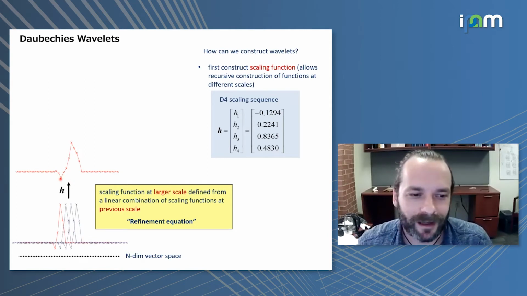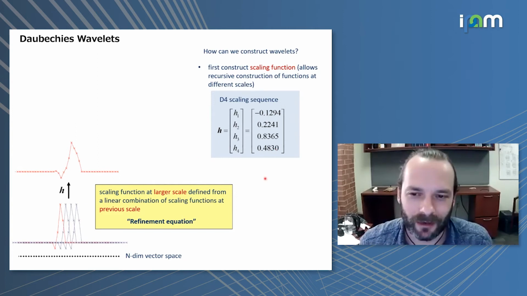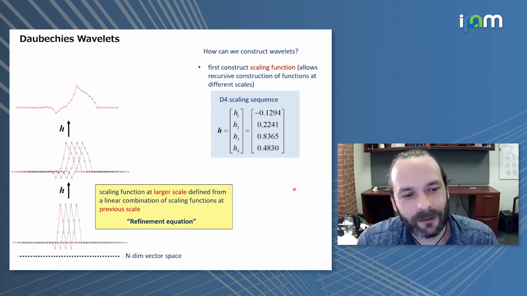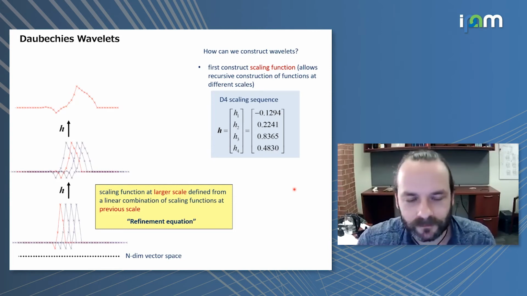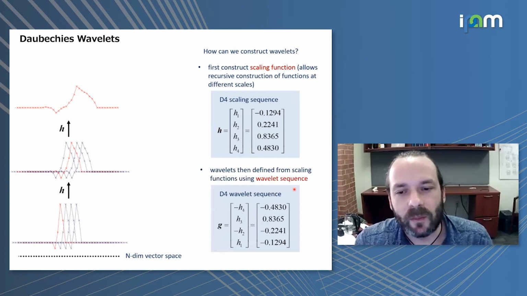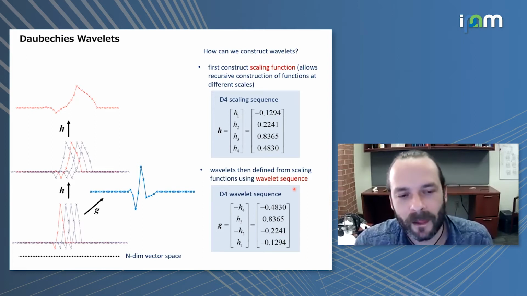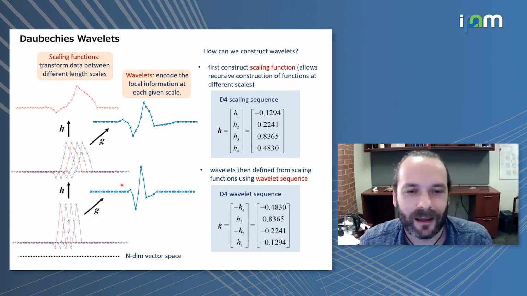The wavelet at larger length scales is built by taking a linear combination of the ones from the previous scale according to the coefficients in my scaling sequence. By repeating this procedure, I can build these scaling functions at different scales. And then the wavelet functions are built from these scaling functions, taking appropriate linear combinations of the scaling functions at each scale.